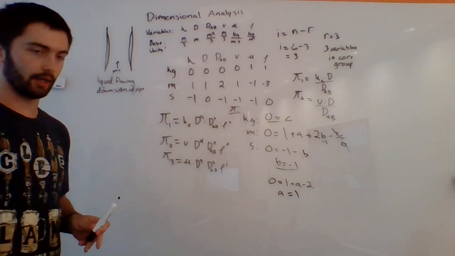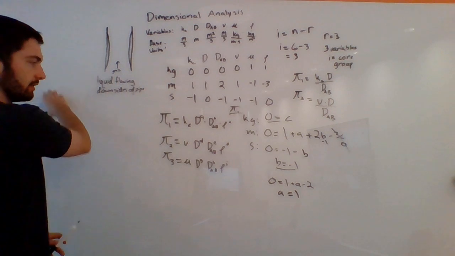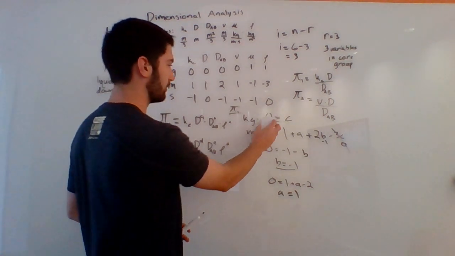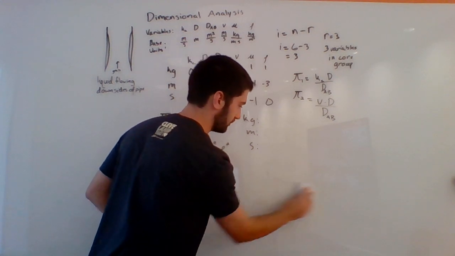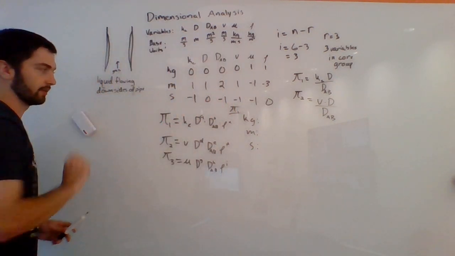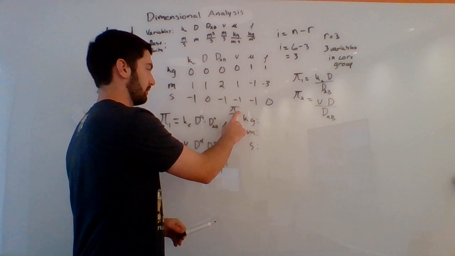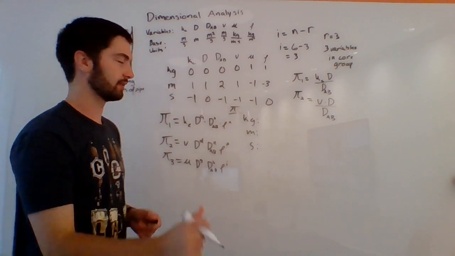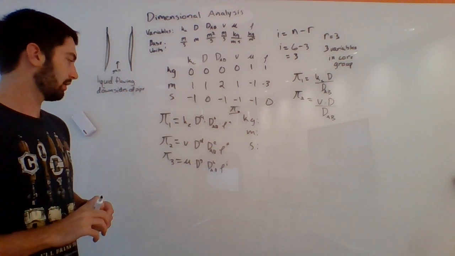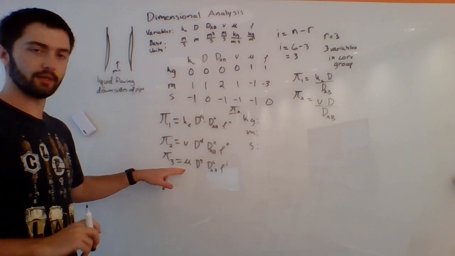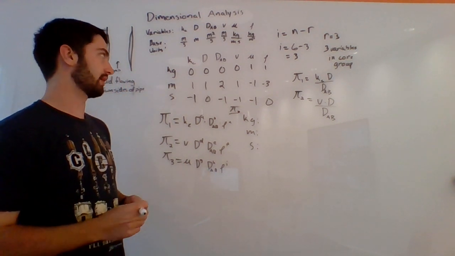And now all that we have left is to do the same system of equations for pi 3. And I'm running out of room over here, so I'm going to get rid of the system of equations that we did for pi 1. We're going to do the same thing for pi 3. Use kilograms, meters, and seconds. Except this time we know our isolated variable is viscosity.